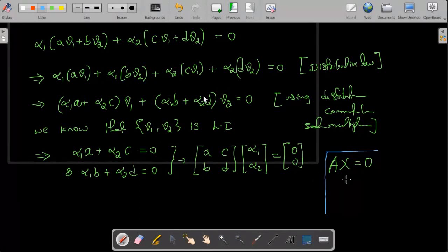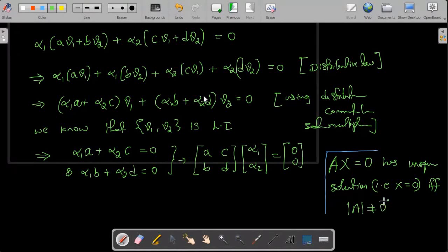Okay, so let me write it here. So Ax equal to 0 has a unique solution, that is x equal to 0. Let me write: if, of course, you can take it as if and only if, but only if the determinant of A is not equal to 0.